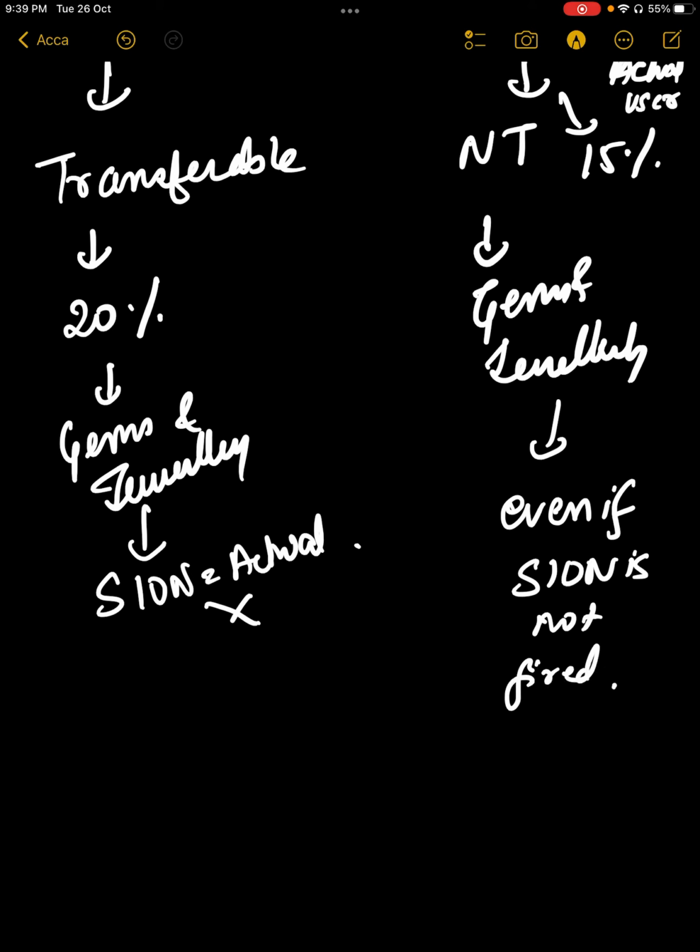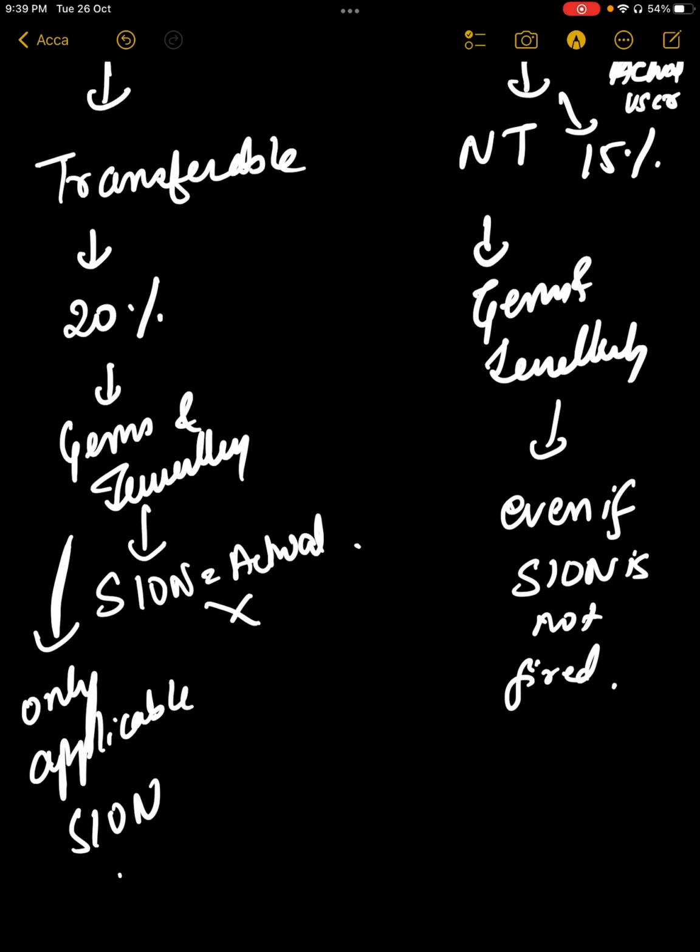SION is standard input-output norms. DFIA is only applicable when SION is fixed.